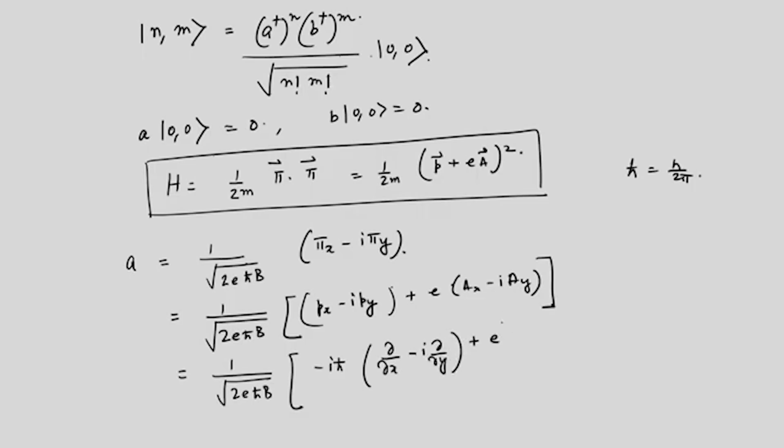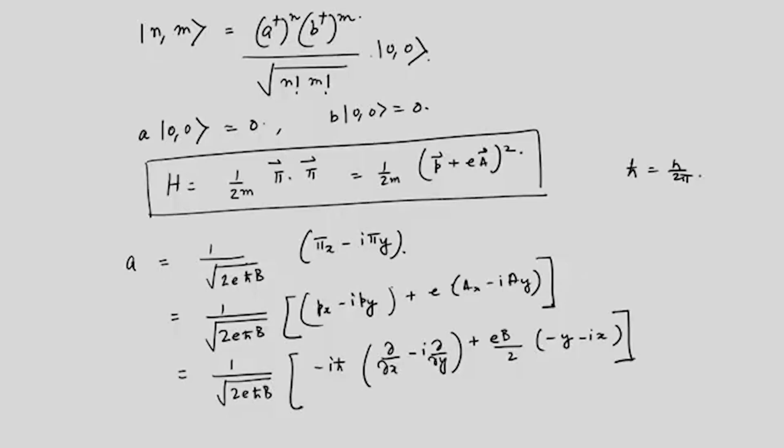Now, I will write A_x and A_y also in terms of b. So, it is e b by 2 times (minus y minus i x). This is quite important, because the vector potential components A_x and A_y are position dependent quantities.